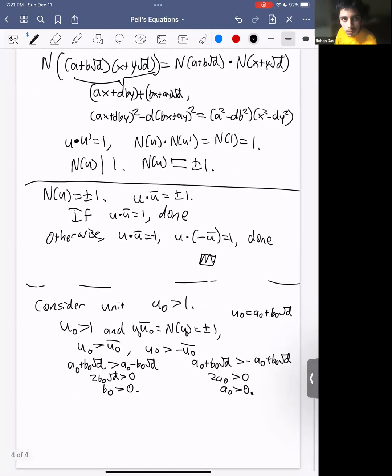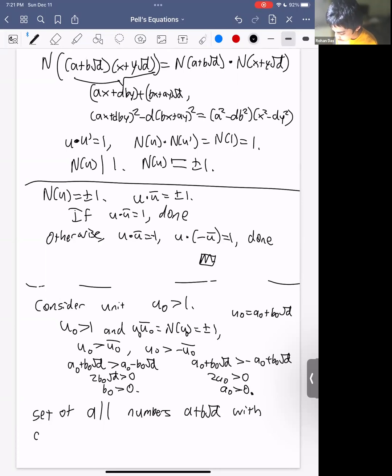So then we can consider the set of all numbers a plus b root d with positive integers a and b that are less than u0 and greater than 1, but that's covered by the positive condition.